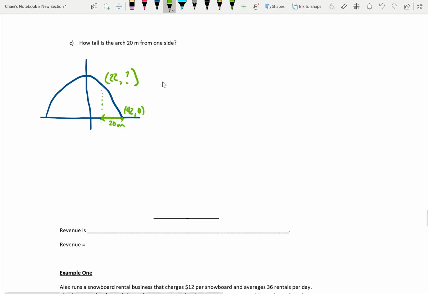Okay, so if you think about this, we know that it's going to be a little bit higher than half, but we'll see. So we just need to find our height when our x value is 22. So this is actually much simpler than part B because we're just putting 22 into the equation.